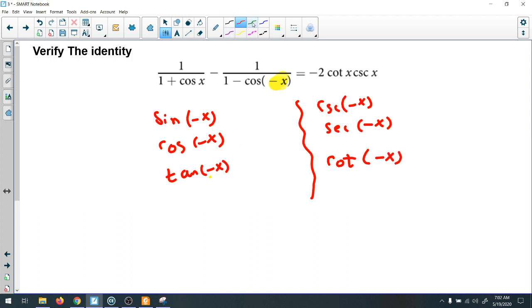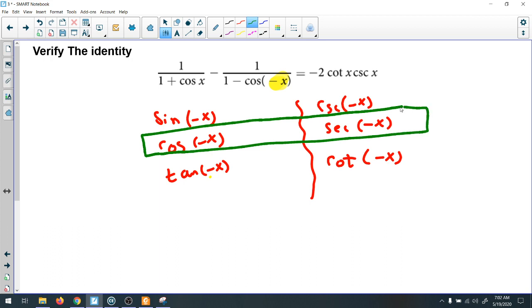The only even functions are cosine and secant. Cosine of negative x equals positive cosine x, and secant of negative x equals positive secant x. This is an even function.